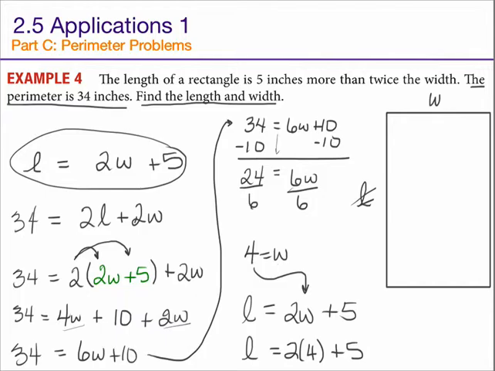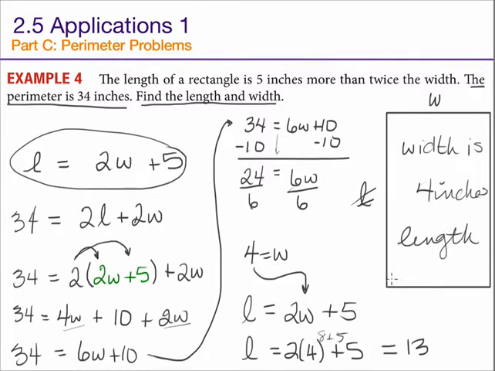Length equals 2 times W, 2 times 4, plus 5. 2 times 4 is 8, and 8 plus 5 is 13. So the width of this rectangle is 4 inches, and the length is 13 inches.